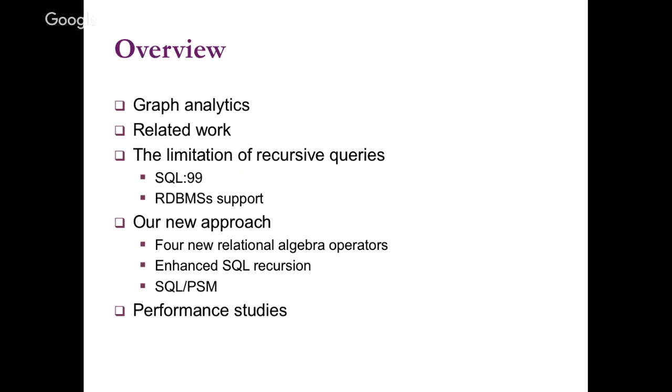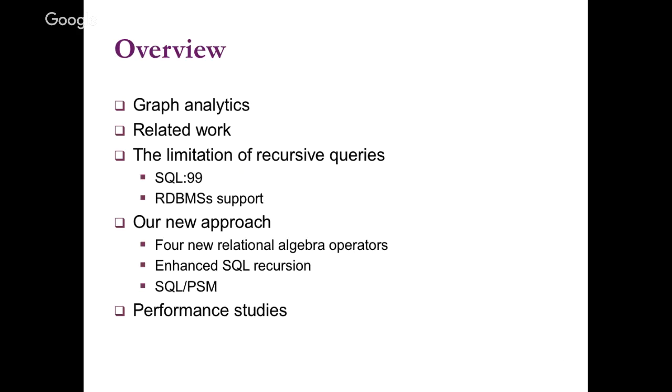My presentation is divided into these parts. Firstly, I will introduce our motivation for graph analytics in RDB, and I will review the related works. And then I will introduce the limitation of recursive query in two aspects, since most of the graph analytics algorithms are recursive algorithms.